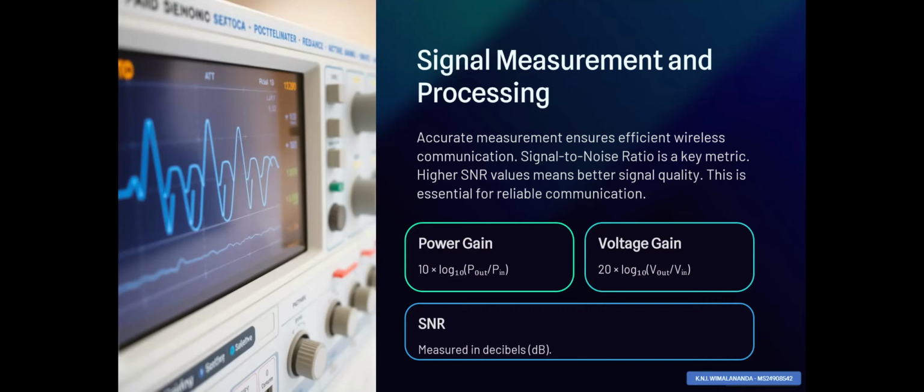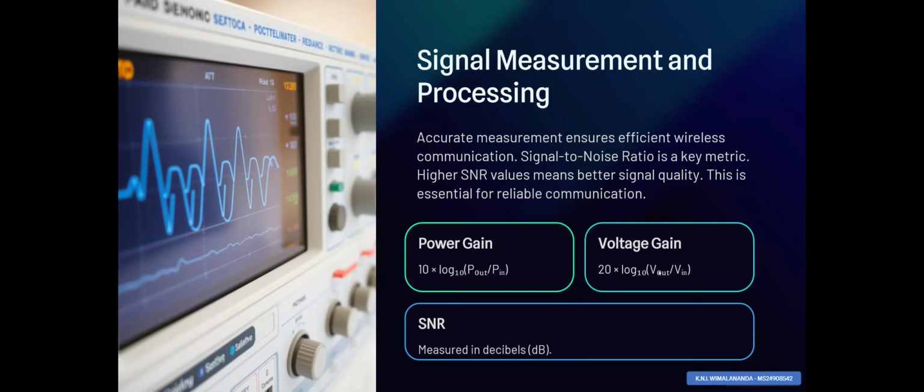For power gain, we use the formula shown here, while voltage gain we can calculate using the next formula shown here.